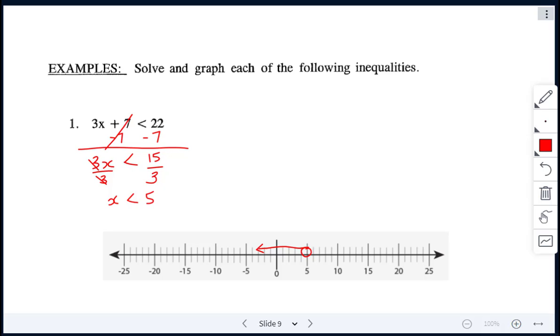Now, in the textbook, it is shown in our modules a little bit differently. Instead of an open circle, they use a curved line. So I'm just going to show that as well.